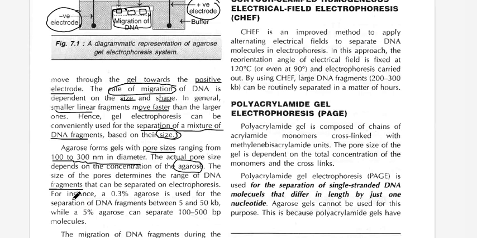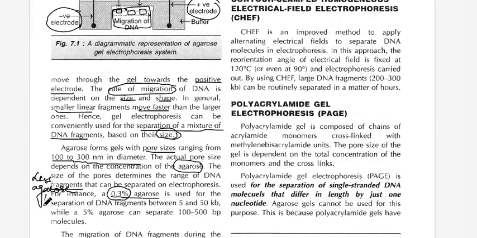If the fragments are very, very small, we prepare a higher percentage of agarose gel. For instance, 0.3% agarose is a very small amount of agarose, so it is used for the separation of bigger fragments.